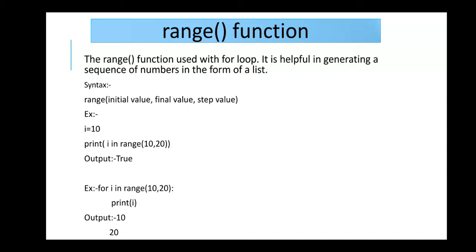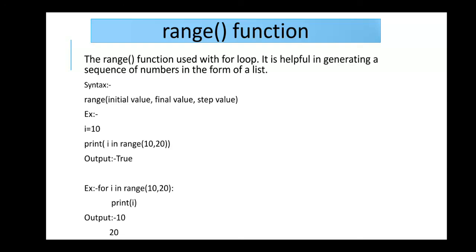In this example, there is one more thing you have to remember. When we use the range function with the print function, it gives the answer in true or false. It checks the existence of the value. In the example, you can see i equal to 10, and then it will check the given range.